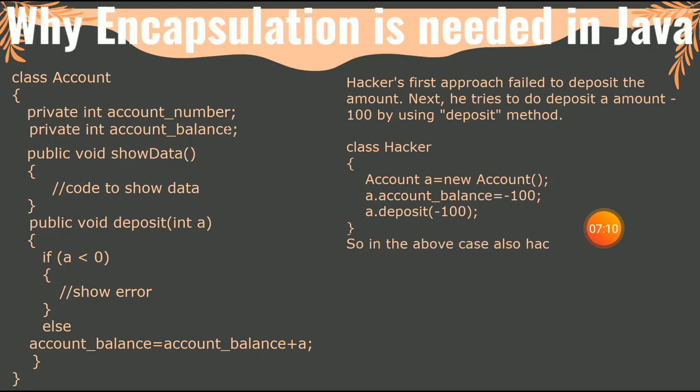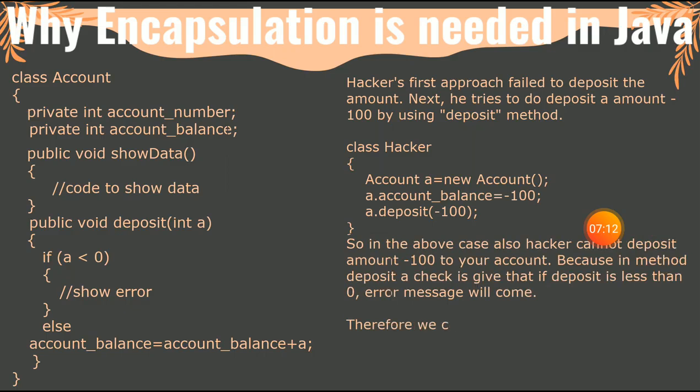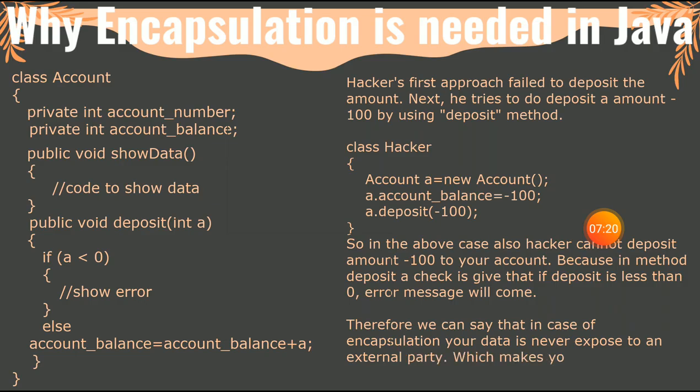So in the above case also hackers cannot deposit the amount -100 into your account, because in the deposit method a check is given, meaning a condition is given where we are supposed to use only values greater than 0, but the hacker is using -100.